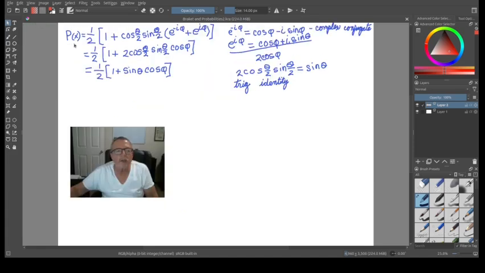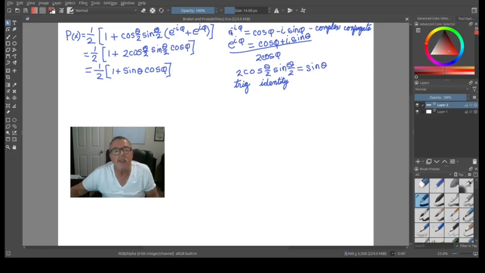Carried over from the last page, here's the probability of x, and we've got 1/2, 1 plus cosine theta over 2, sine theta over 2, and then e to the negative I phi plus e to the I phi. Now, let's see what we can do. Over here, I'm going to add these two things together.